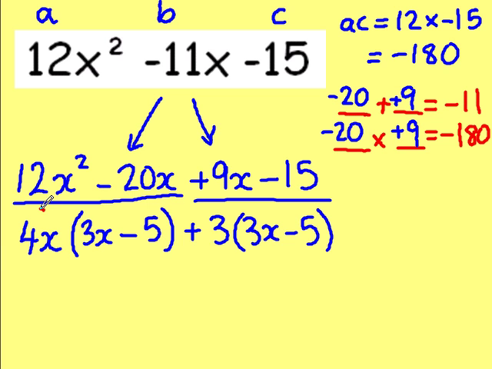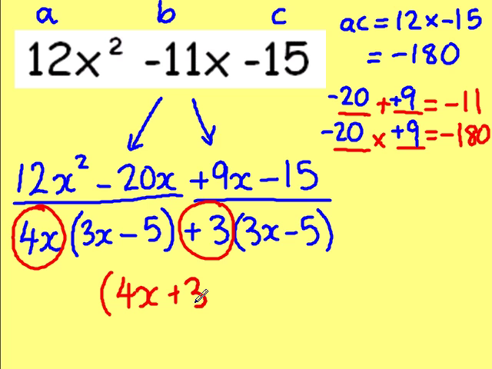Now pulling out the 4x and plus 3 into a bracket as a factor, and the 3x minus 5 is my second factor.